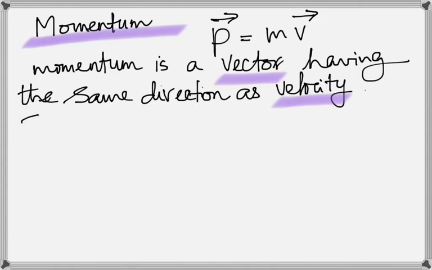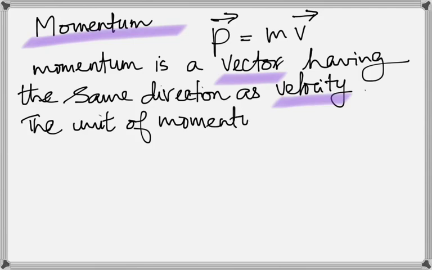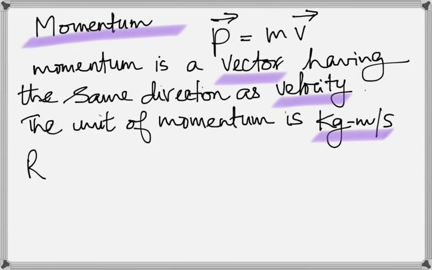What's the unit of momentum? You can take a guess before it comes up. Yeah, just put the units of mass and velocity together. The unit of mass is kilogram, and the unit of velocity is meter per second. So you have the unit of momentum as kilogram meter per second.